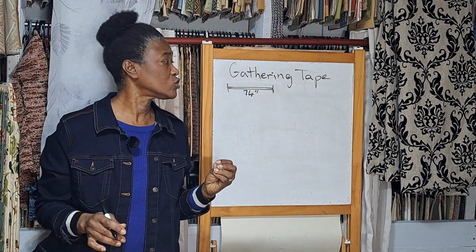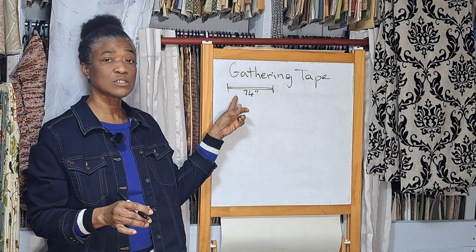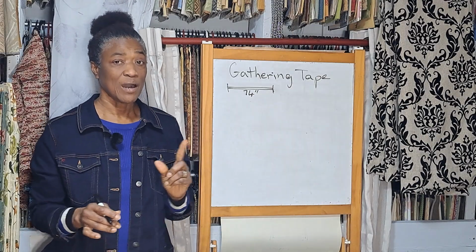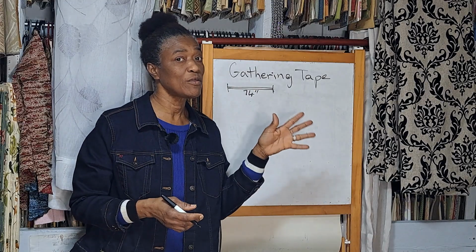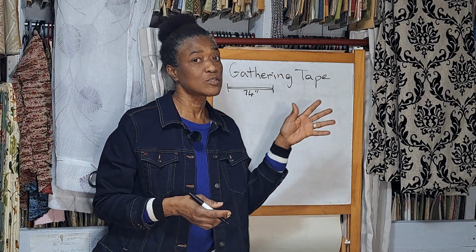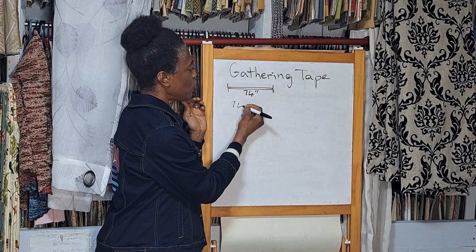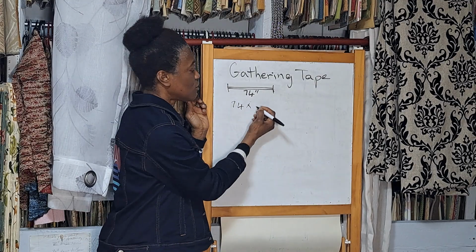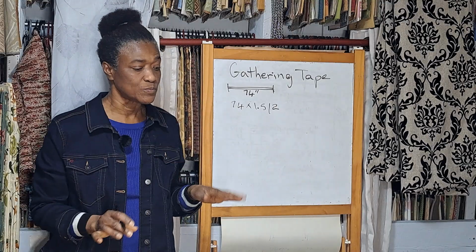What we need to do is multiply the length of our curtain rod by 1.5 or 2. So that's 74 multiplied by either 1.5 or by 2.